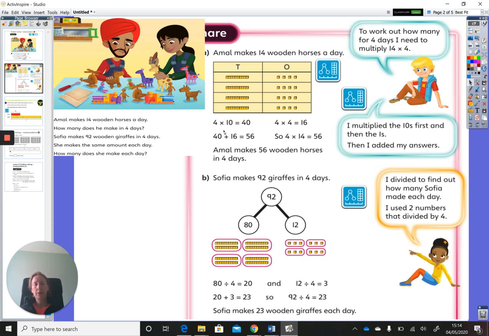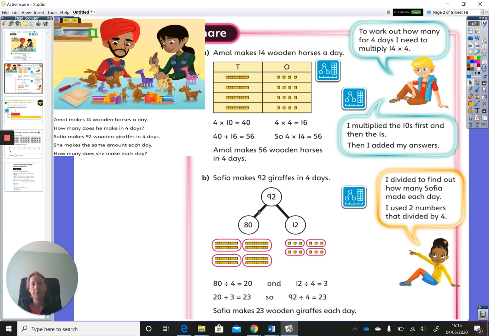And then part B, which we said was a division question, Sophia makes 92 giraffes in 4 days. They've used their part whole model here. And remember, with part whole, you need to not just think, I'm going to break it down in 10s and 1s. You need to think about the times table you're looking at, in this case 4, and you need to think of numbers that are divisible by 4.